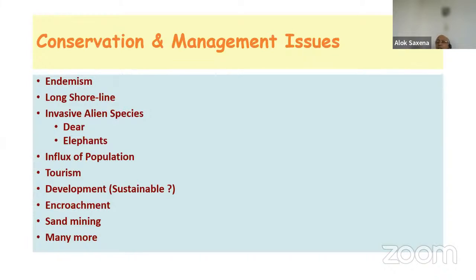And today also, of course, because of COVID, in the last two or three years tourism has been affected a lot. But prior to that, when I was PCCF, 3,000 to 4,000 tourists were coming daily. If so many tourists come to the islands, if you go to Port Blair, you will find the market full of PET bottles, Coca-Cola, Pepsi, Bisleri bottles, all this.